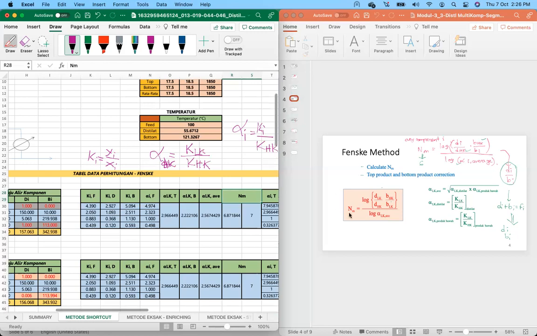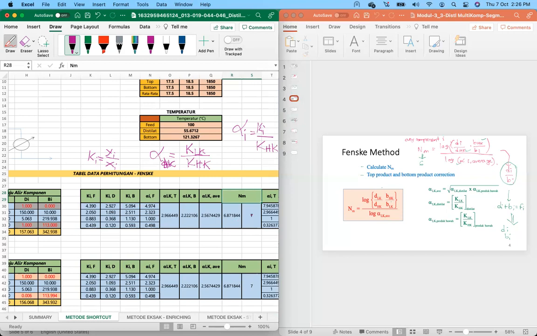Okay, based on the Fenske method, you have to calculate the log alpha average. So then you calculate it, this is the alpha average, based on the square root of alpha LK in the distillate and also the alpha LK of the product.